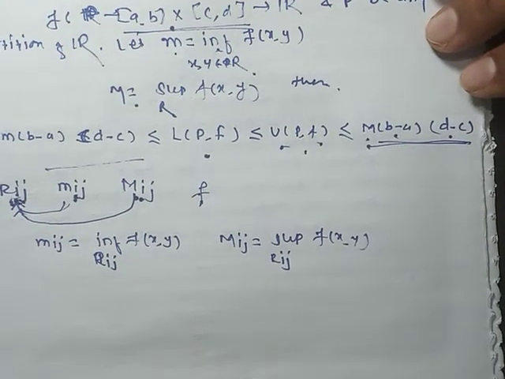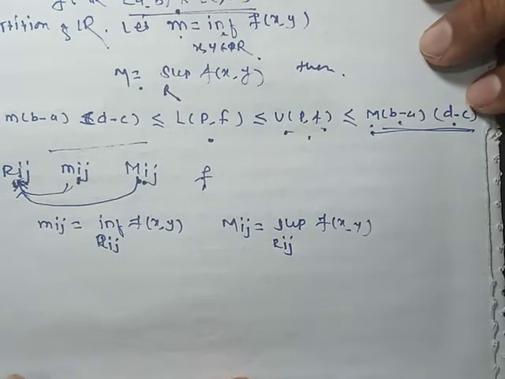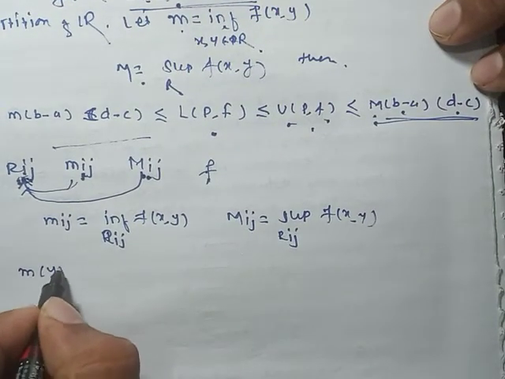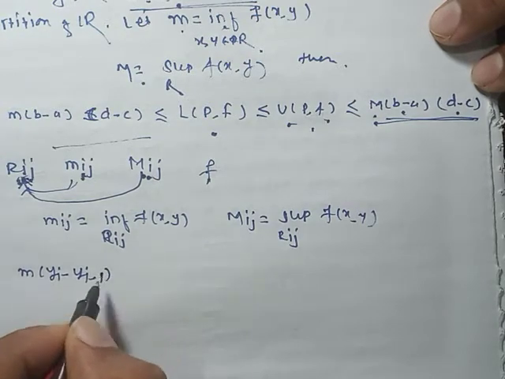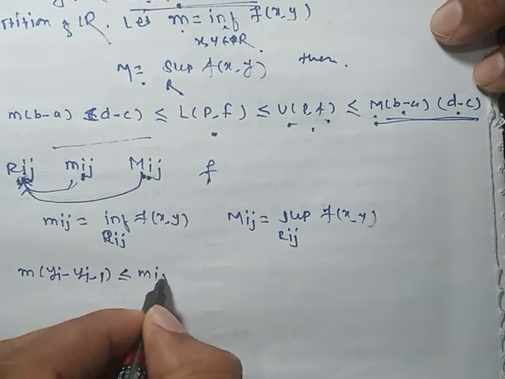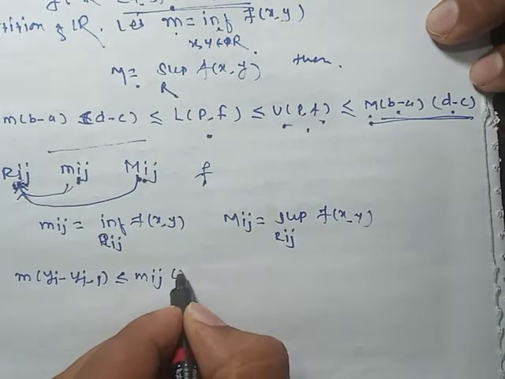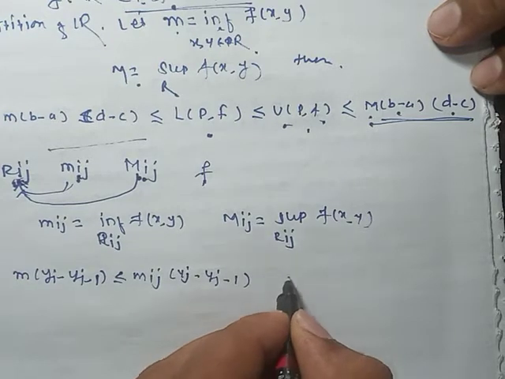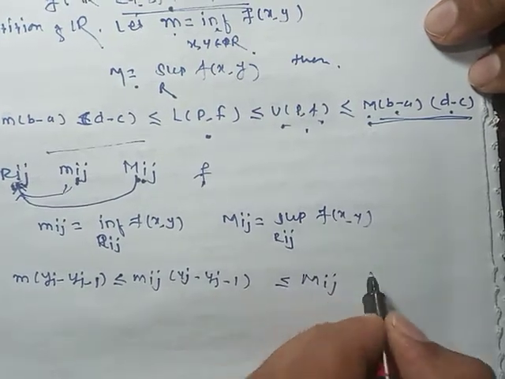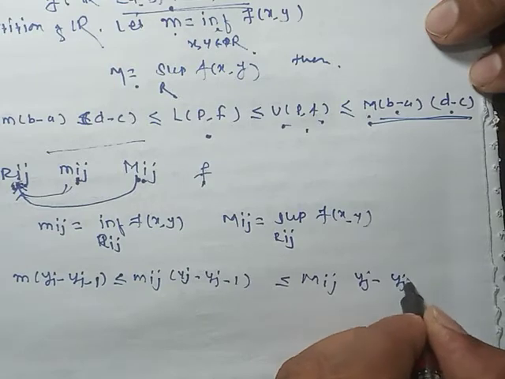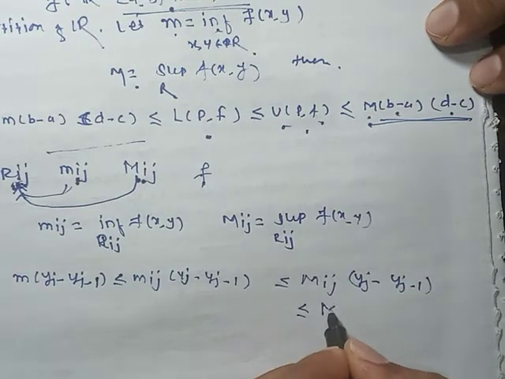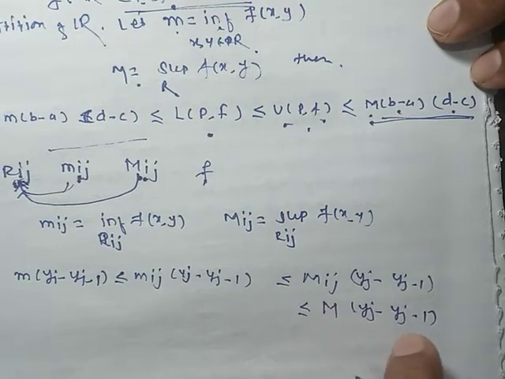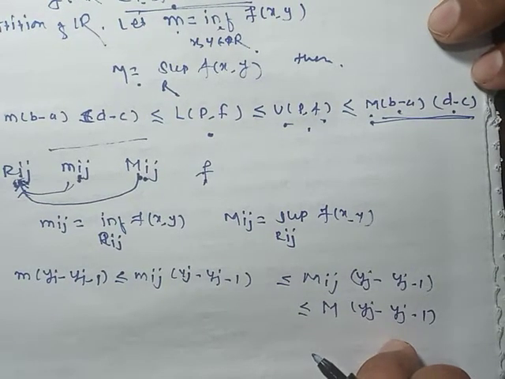So we can start with small m into yj minus 1, which is less than mij into yj minus 1, which is less than capital Mij into yj minus 1, which is less than capital M into yj minus 1. Similarly, we can define it for xi also.